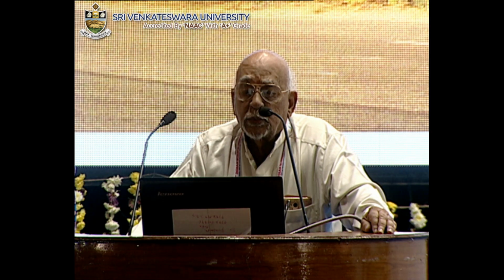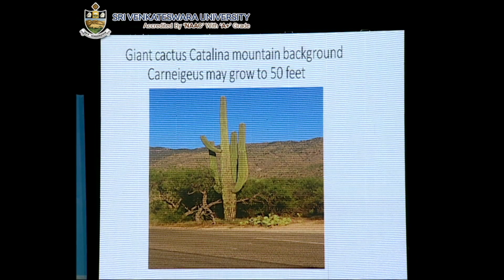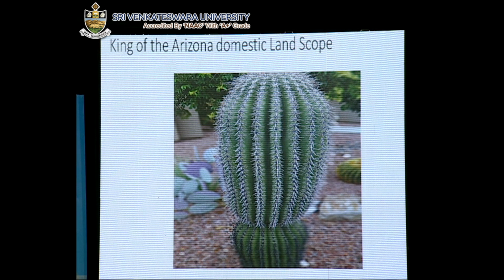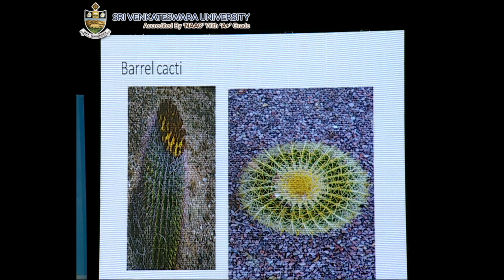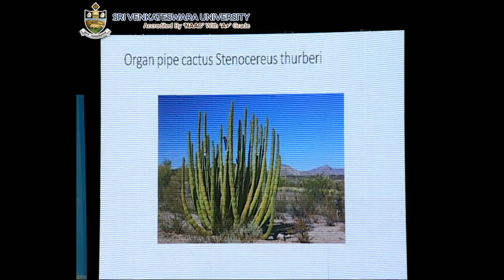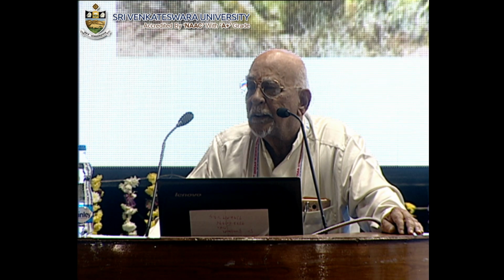I will walk you through the gallery. See, this is a cactus 100 years old in Arizona. These cacti are available here also, different species, of different varieties, different shapes, different sizes. You don't have to water them. In water management, they don't interfere with us.